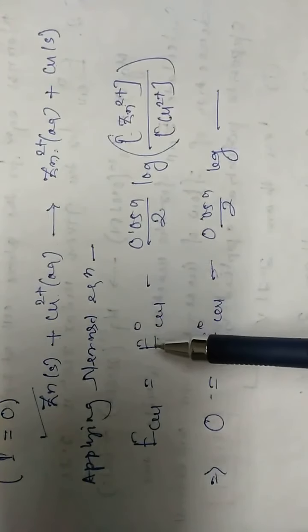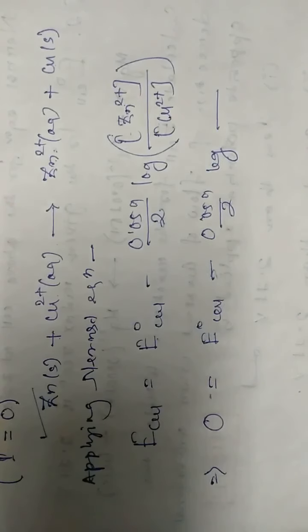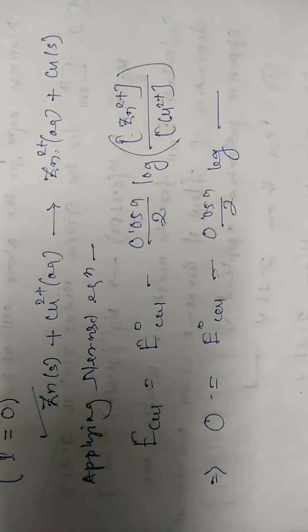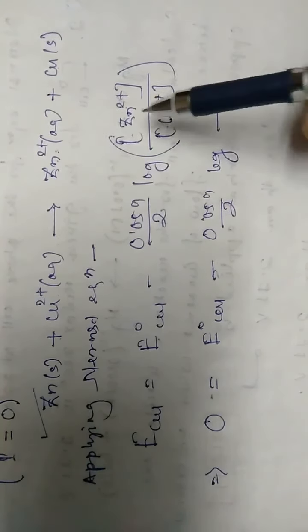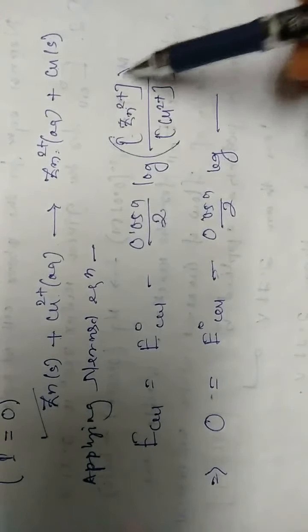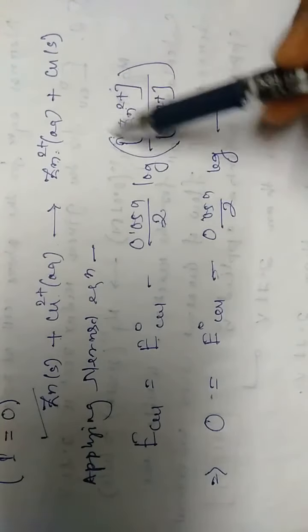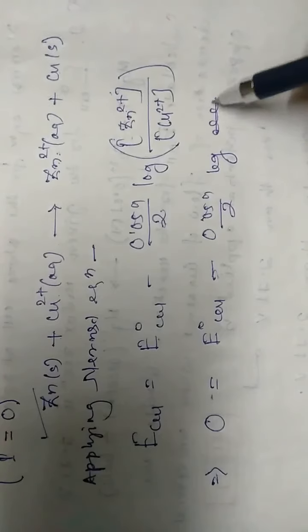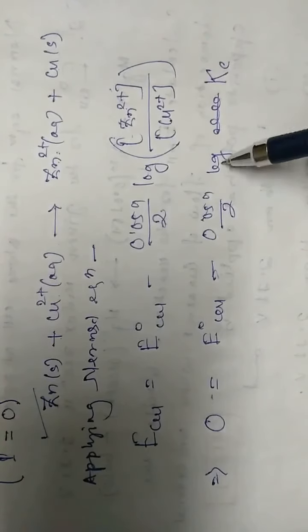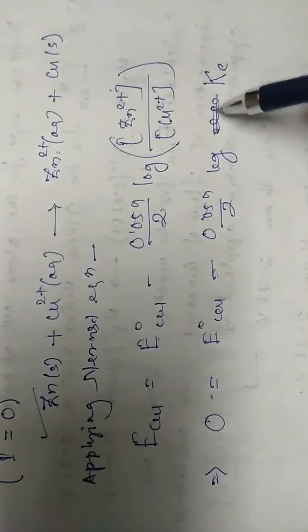Regarding the equilibrium constant, we have discussed in class 11 in the equilibrium chapter. Equilibrium constants are of two types, Kp and Kc, and there is a relation between Kp and Kc. So this is the ratio of the concentration of product to the reactant, and in place of this we can write Kc. That means this is log Kc.